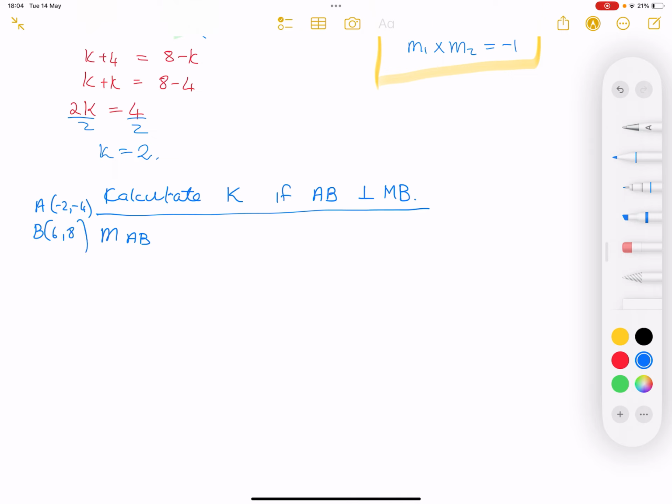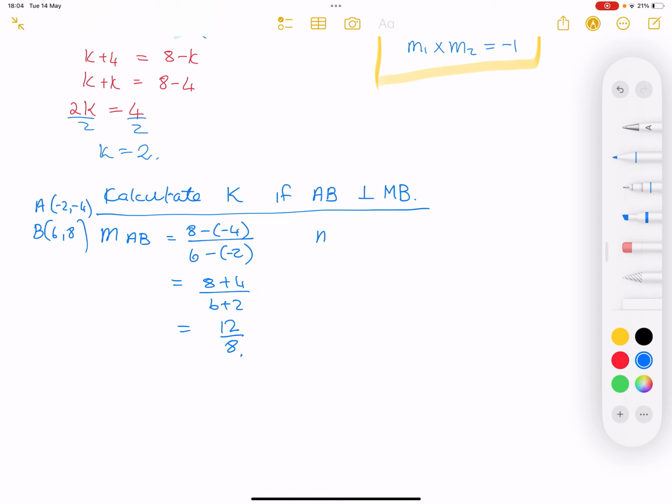So the gradient of AB is 8 minus -4 divided by 6 minus -2. You agree with me? So that gives you 8 plus 4 over 6 plus 2. So 8 and 4 is 12 over 8.